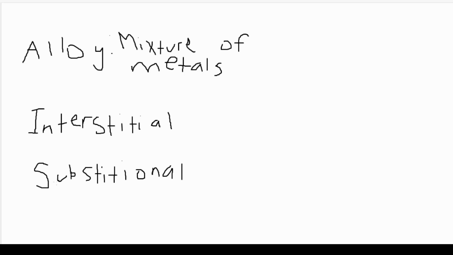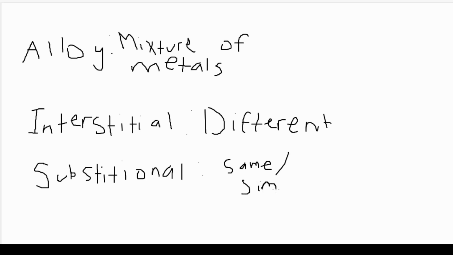In an interstitial alloy, the atoms are very different sizes. Substitutional is when you've got the same or similar size. You might be wondering how we determine whether they're different enough to be interstitial or substitutional.